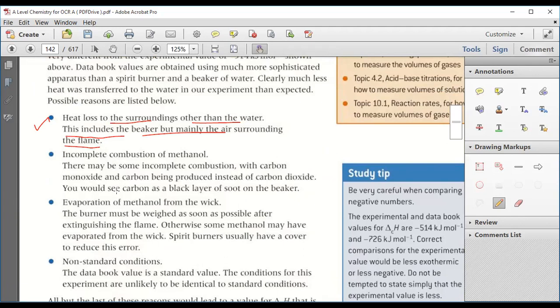So you can have carbon as a black layer or soot on the beaker. Third, evaporation of methanol from the wick.